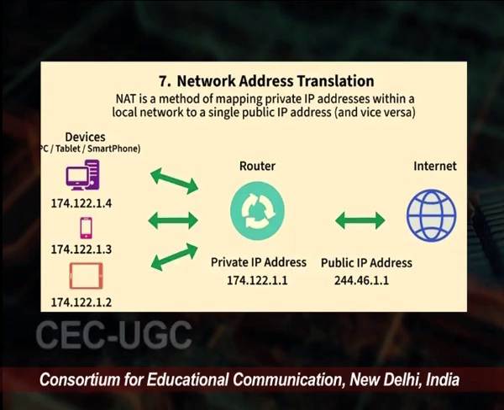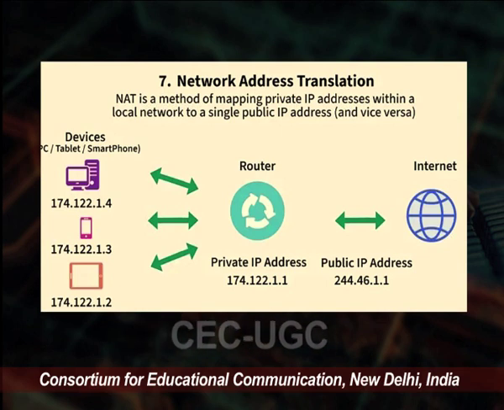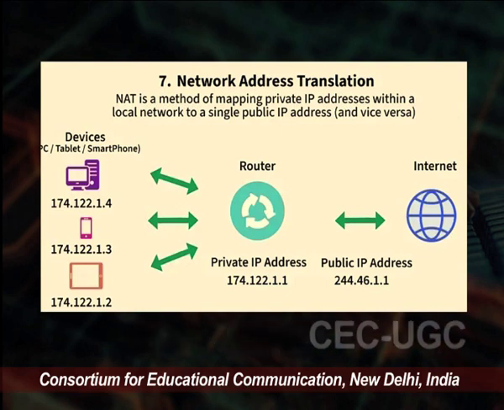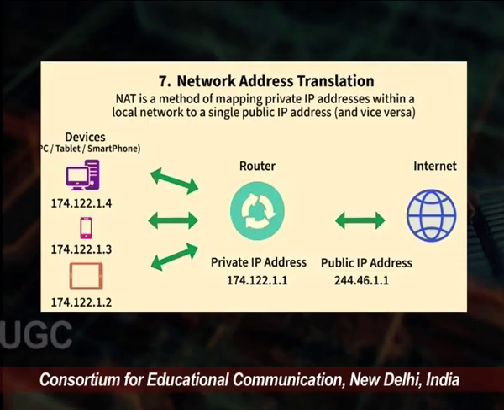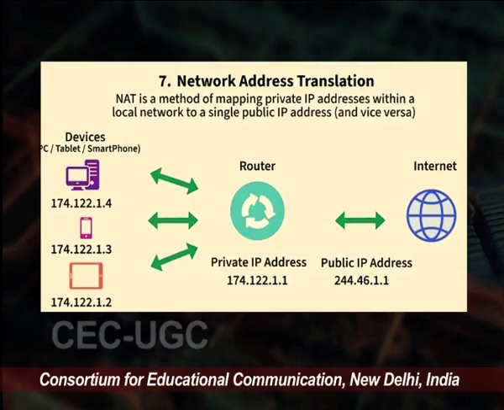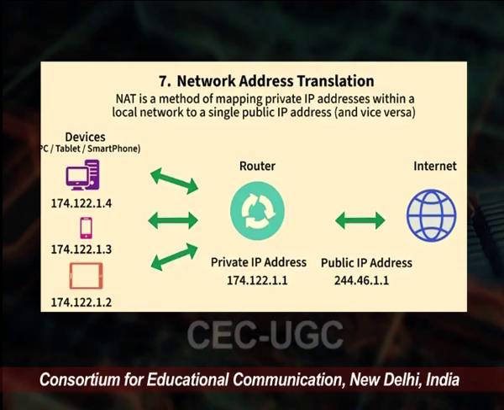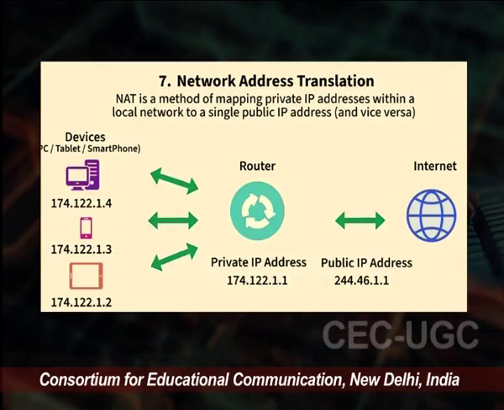174.122.1.4, then 174.122.1.3, and then 174.122.1.2, which are, in a way, masked private IP addresses.